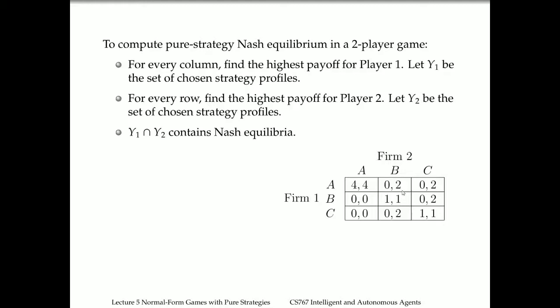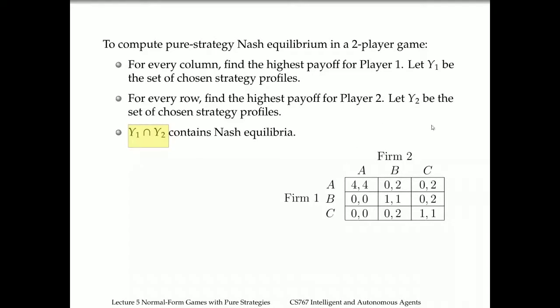Right? But what we want to find out is the situation where both player 1 and player 2 are playing their optimal response to each other's pure strategies, and that essentially asks for the intersection of Y1 and Y2, and that will be containing all the Nash equilibria in this game.